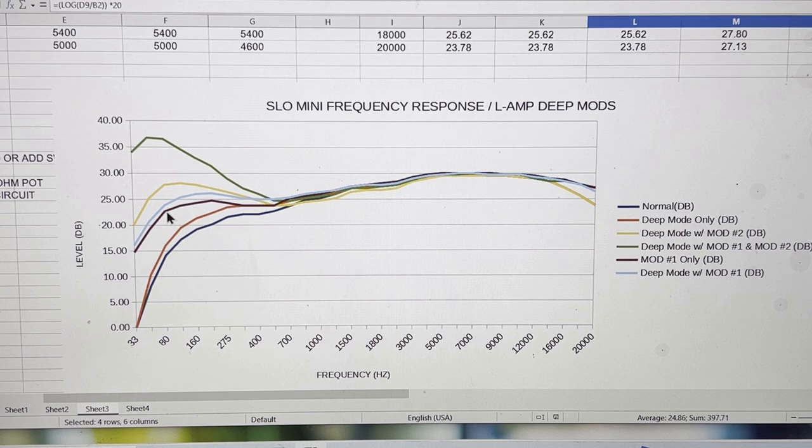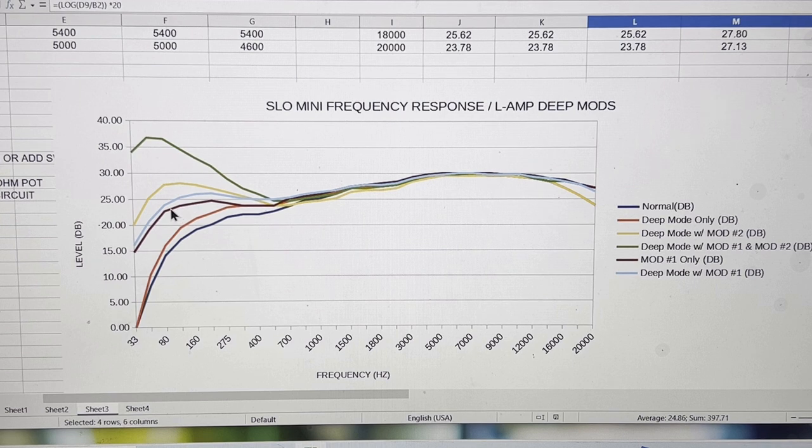Okay, so now this brown one that has more boost in the lows, that is mod number 1 only. And mod number 1 only doesn't need to have the deep switch in the deep position. So I just said, okay, I'll just put it in the normal position.